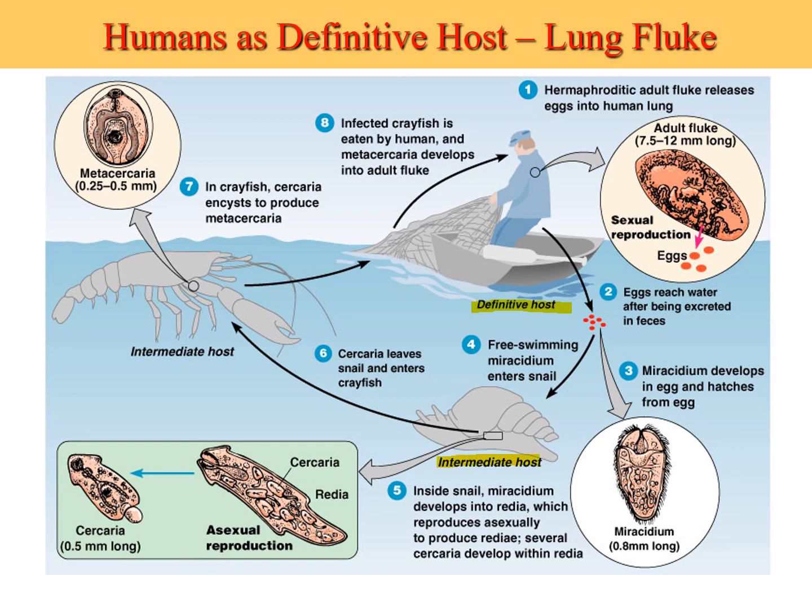One is a snail, and the other is a crayfish that eats the snails, and the human, the definitive host, eats the crayfish. The definitive host is where the sexual phase will occur, and they release eggs in the GI tract, and it gets into the water, so it gets in the snails.